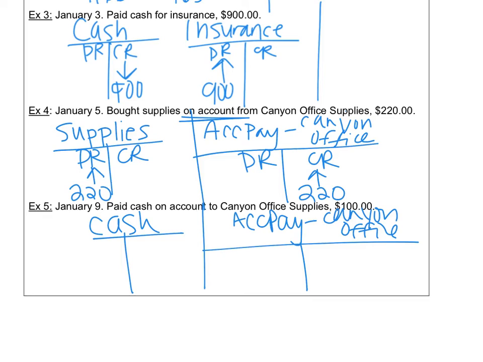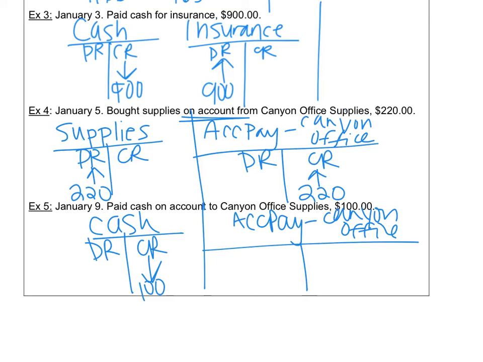So if we're paying cash, that means my cash is decreasing. So since cash is an asset, in order to decrease it, would I debit it or credit it? You should credit it. So I would decrease cash for 100.